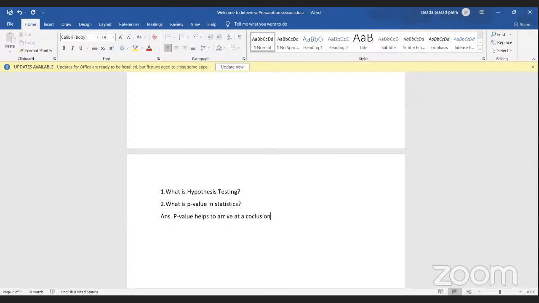When p-value is large, then the null hypothesis is accepted. So p-value just helps us in arriving at the conclusion. If p-value is small, then the null hypothesis is rejected. If p-value is greater or large, then we can accept the null hypothesis. Then number three, I'm writing only hints, not the full answer.